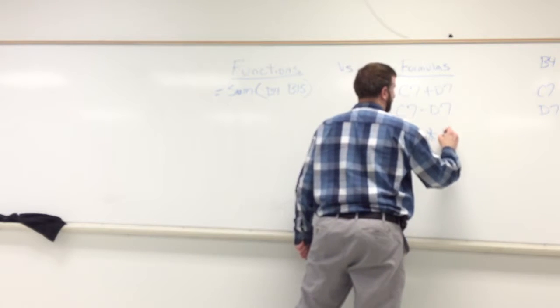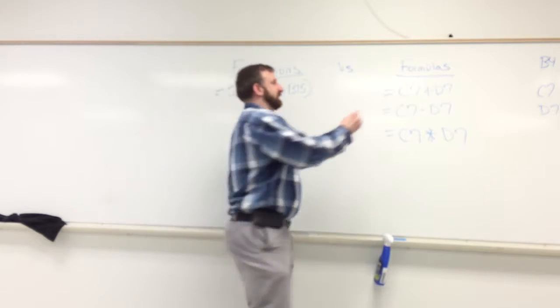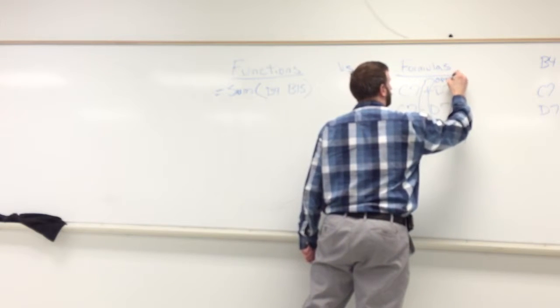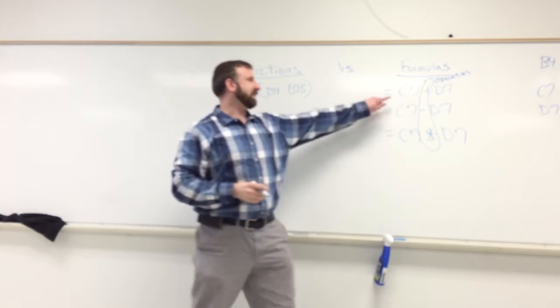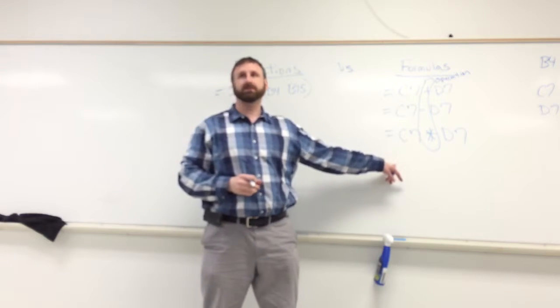Good. Notice what changes. Just the operation. That's the only thing that changes. What we're actually doing with the values that exist in the cell. Everything else is the same.